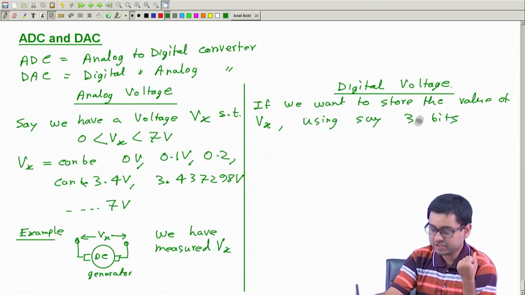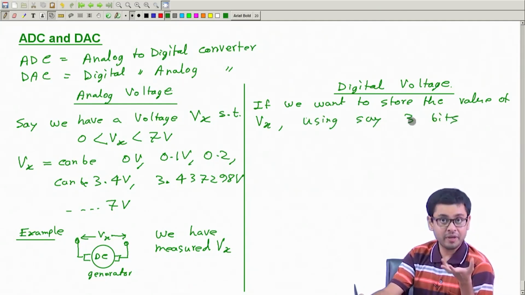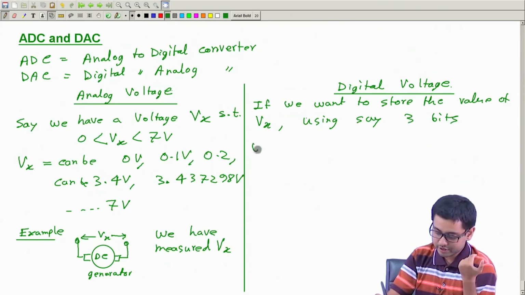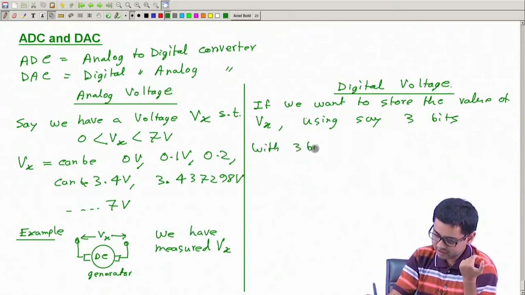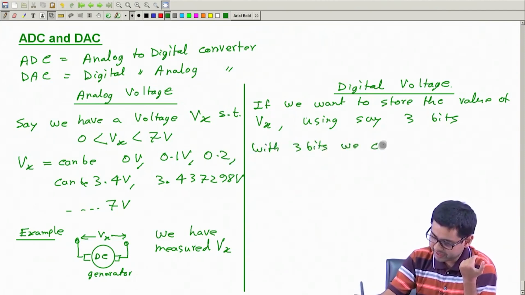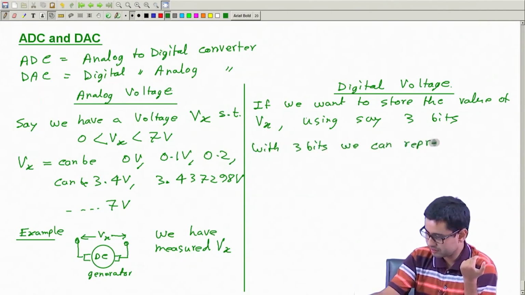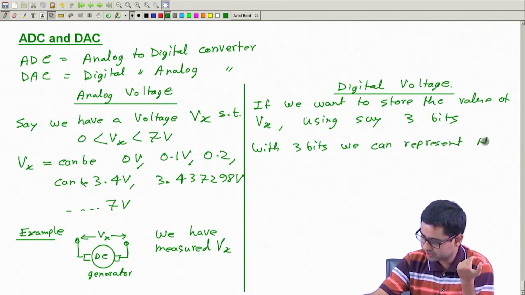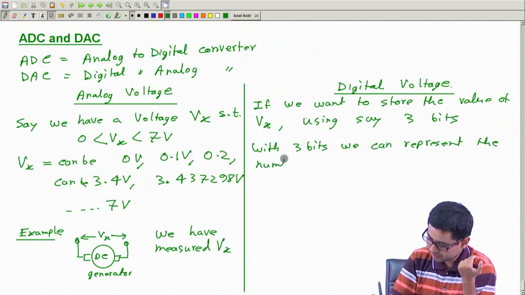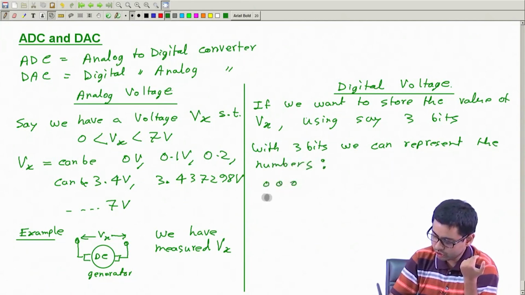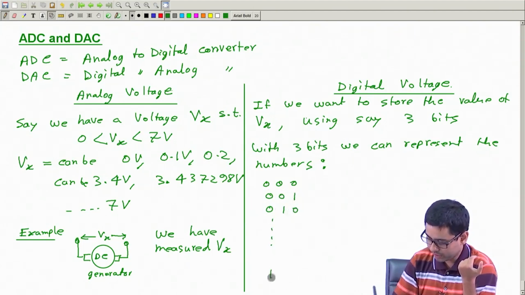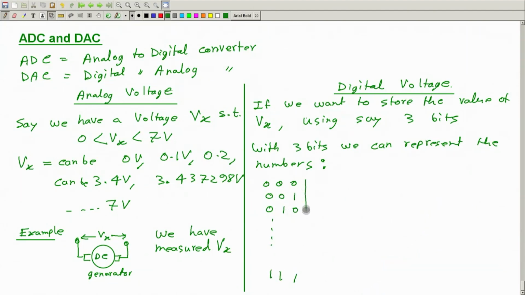With 3 bits, how many numbers can we represent? We can represent the numbers 000, 001, 010, and so on up to 111.